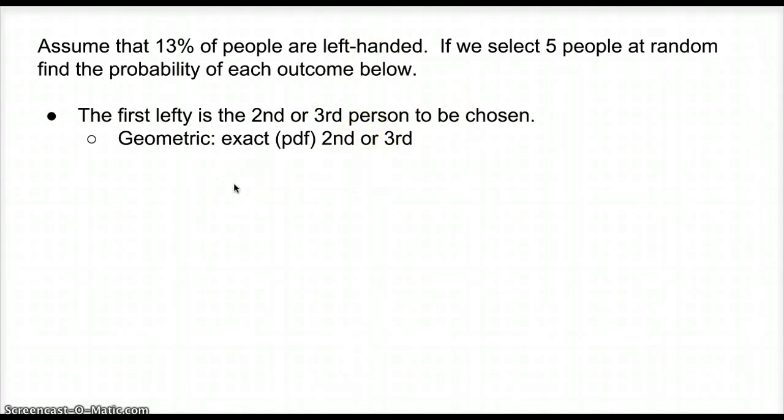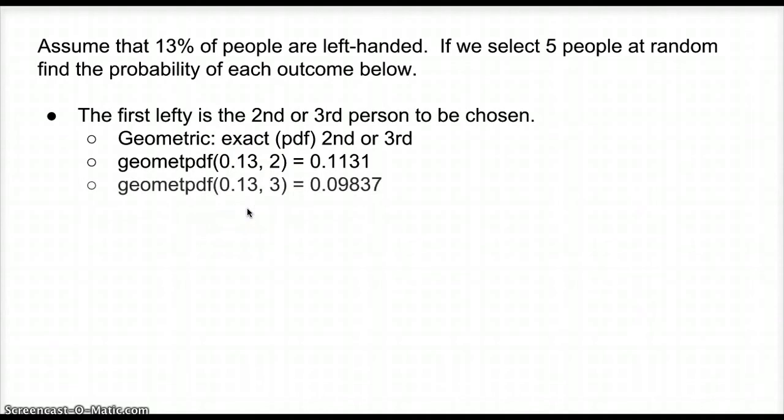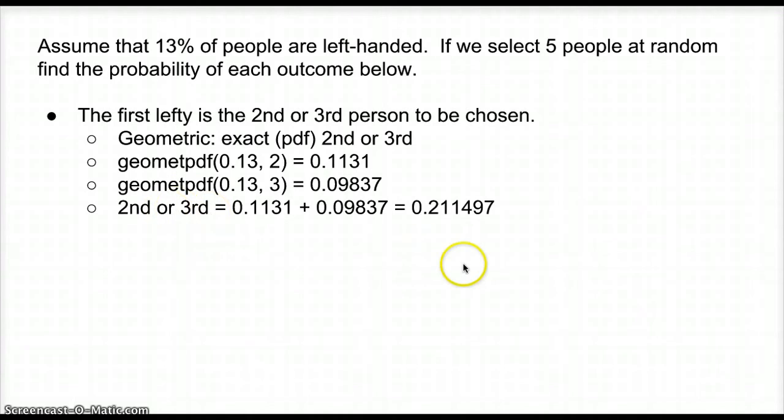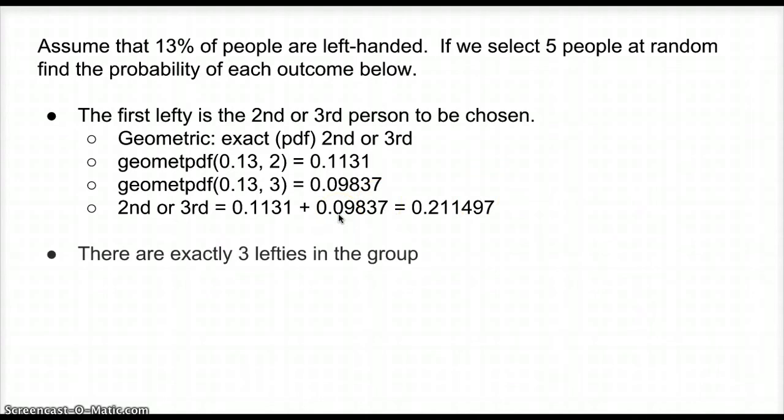So we're going to have to find 2 geometric probabilities and add them together. So I need to find the one for the 2nd landing, the one where the 3rd person is chosen, and then we're going to add those 2 together because it's 2nd or 3rd, to get a probability of 0.211497.